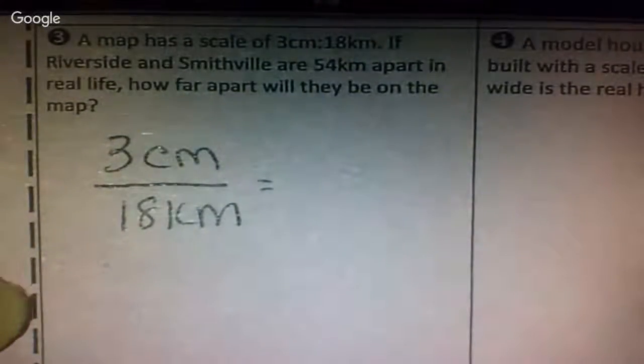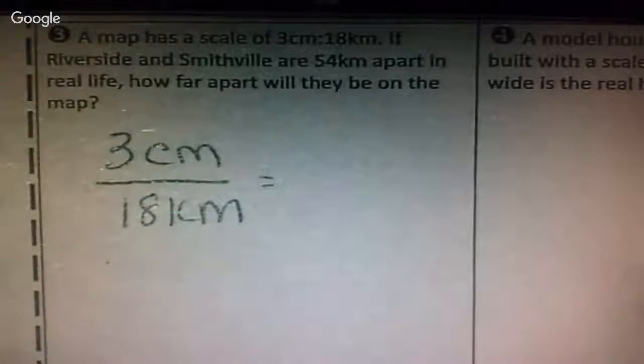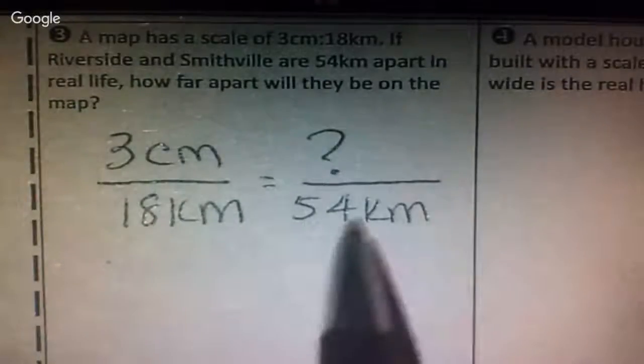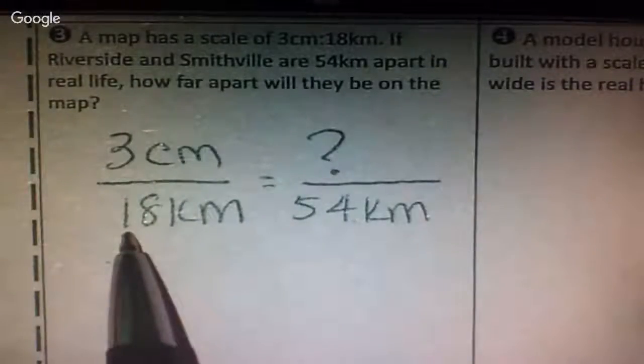The only other piece of information they give me is it's 54 kilometers apart in real life. So where does that number go in the second fraction? Bottom. Good. So 54 kilometers. We need to know what this is. What's 54 divided by 18?